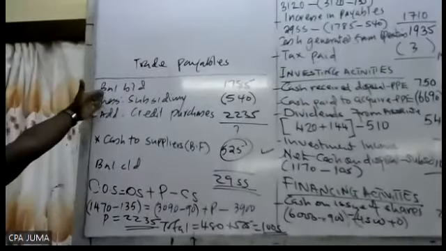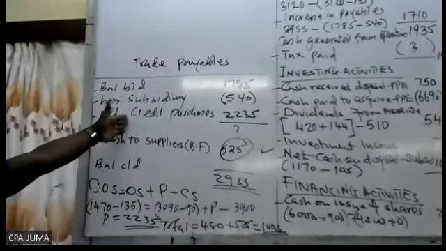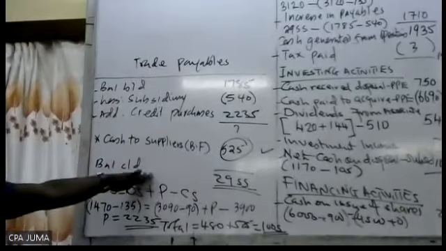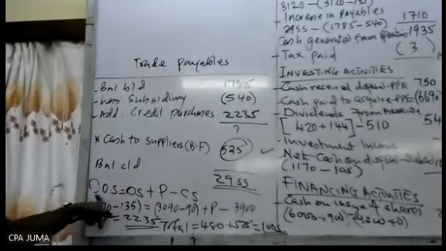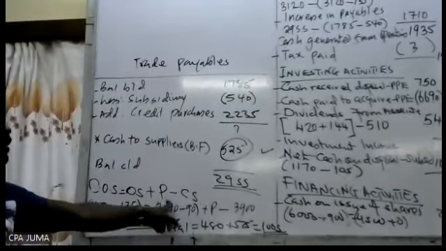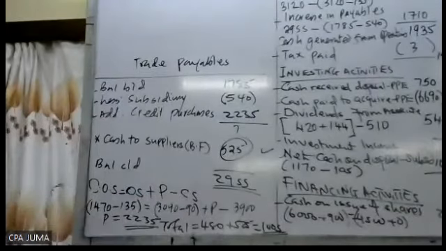So payables brought down, less subsidiary, credit purchases we don't have, carried down we have. To get purchases, use the formula cost of sales is opening stock plus purchases minus the closing stock.